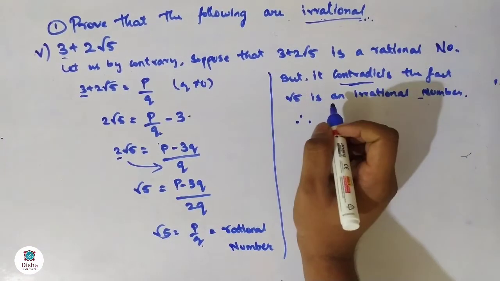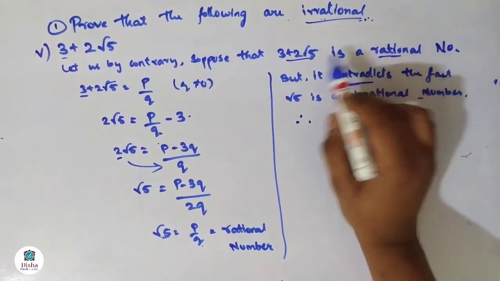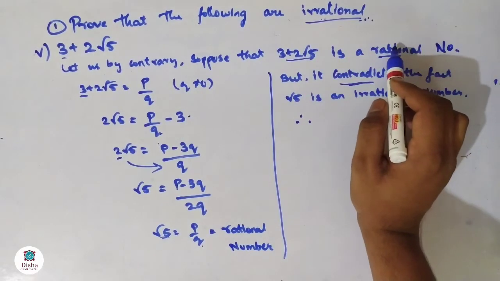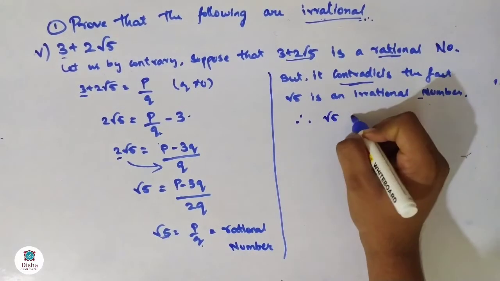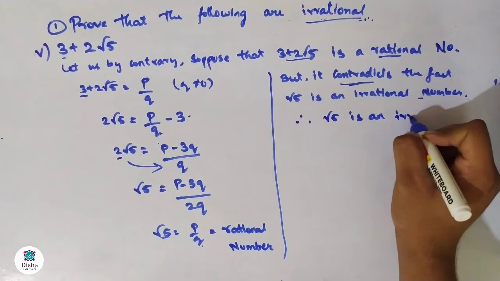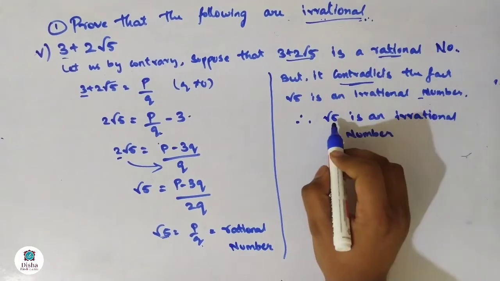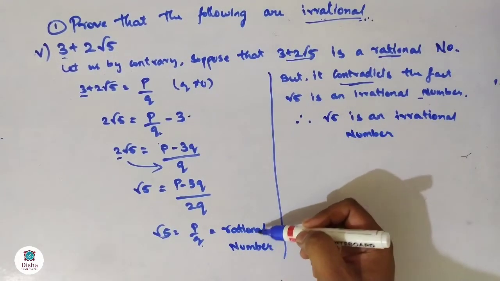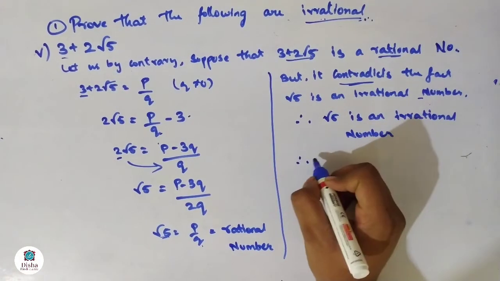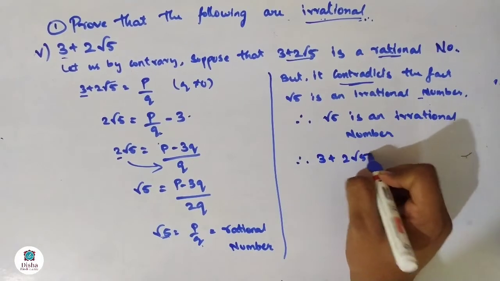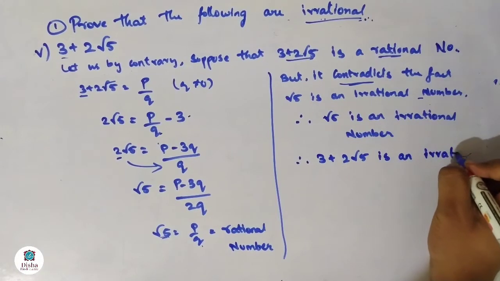So therefore, what we have supposed, that 3 plus 2 root 5 is a rational number, should be contrary, right? It is contrary. So therefore, root 5 is an irrational number. Because we have got root 5 as a rational number, but it contradicts, it will become an irrational number, due to which 3 plus 2 root 5 will also be an irrational number.